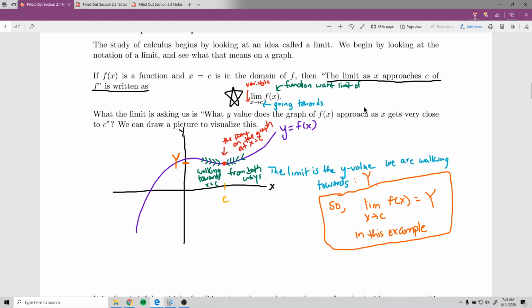But we'll have plenty of examples with numbers in a minute. So that is the idea of a limit. As we walk towards it from both ways, what y value are we going towards?